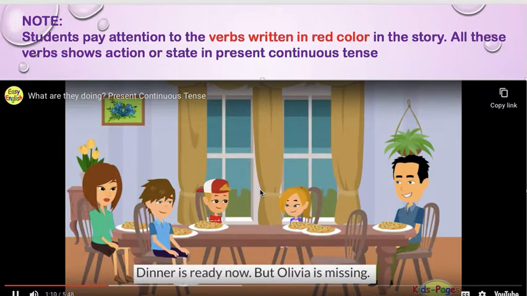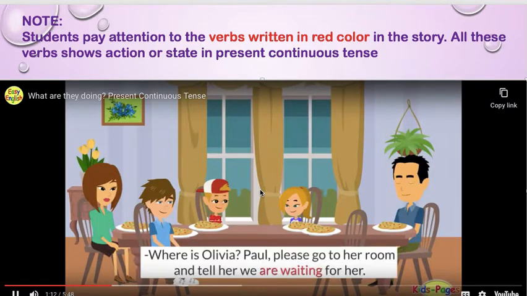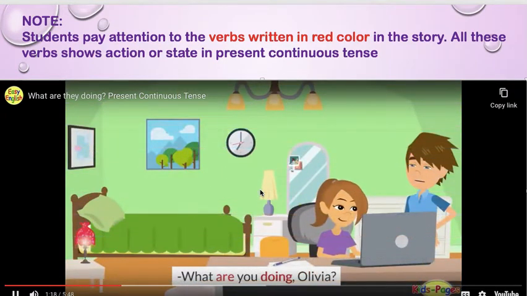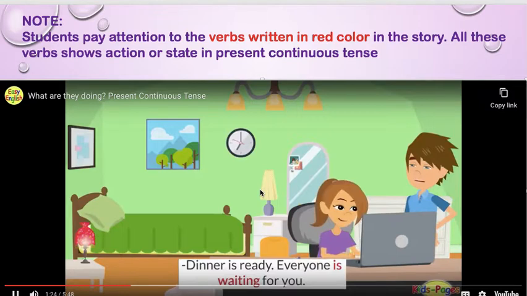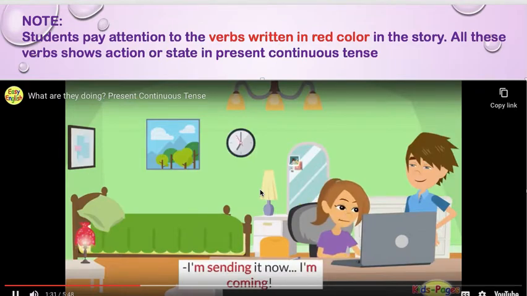But Olivia is missing. Where's Olivia? Paul, please go to her room and tell her we are waiting for her. What are you doing, Olivia? I'm writing an email to my friend Amy. Dinner is ready. Everyone is waiting for you. I'm sending it now. I'm coming.